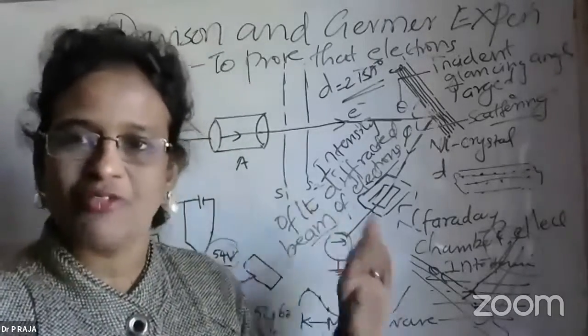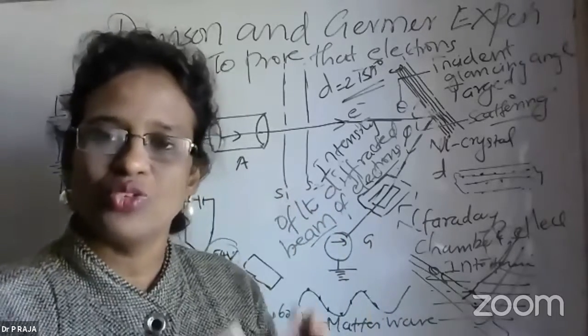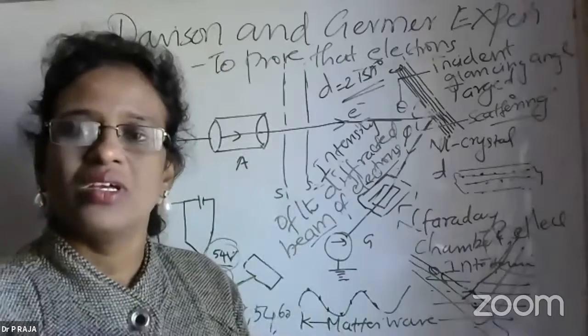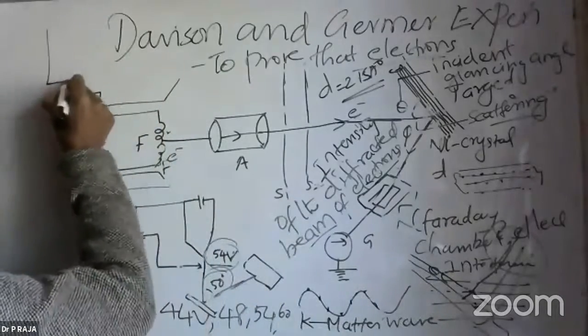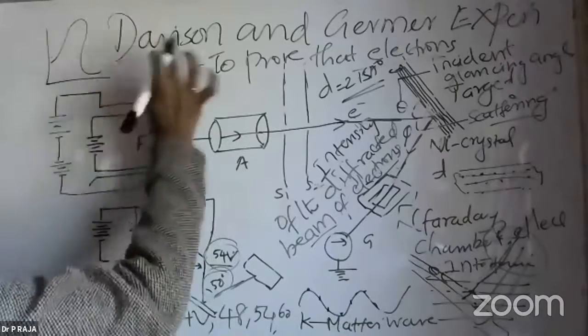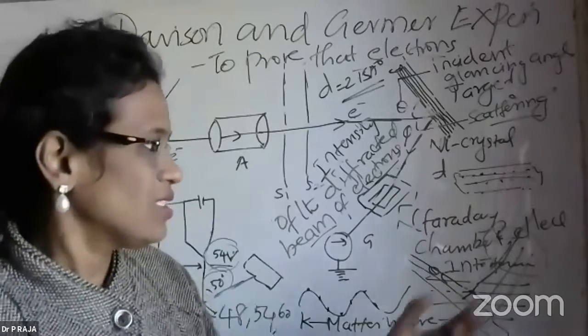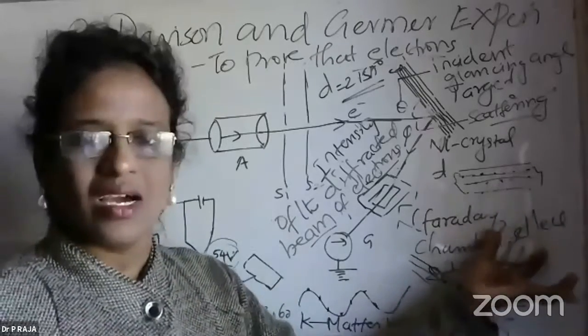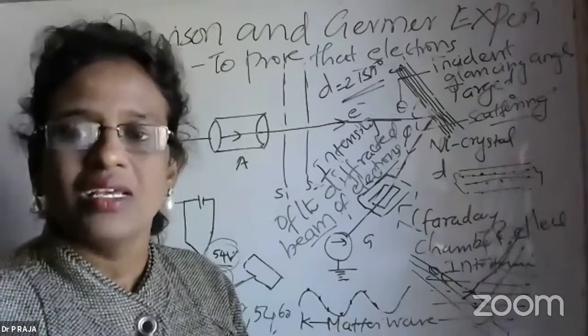You are getting a diffracted beam of electrons only, but that diffracted beam produces an interference pattern like this. So it is proved that these beams are nothing but the wave nature of the electron.